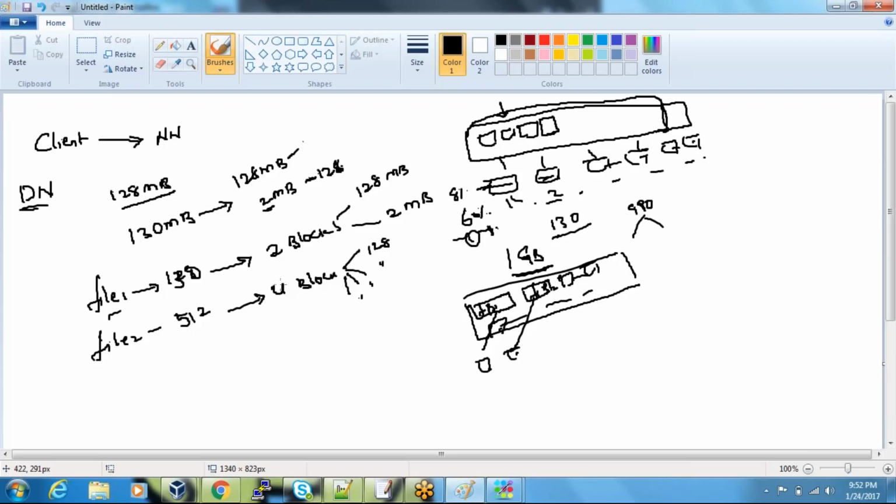Ravi, one more question. You mentioned that if a client is copying a file, NameNode first checks whether that file is already present. If it is present, it will tell the client that you cannot copy it.